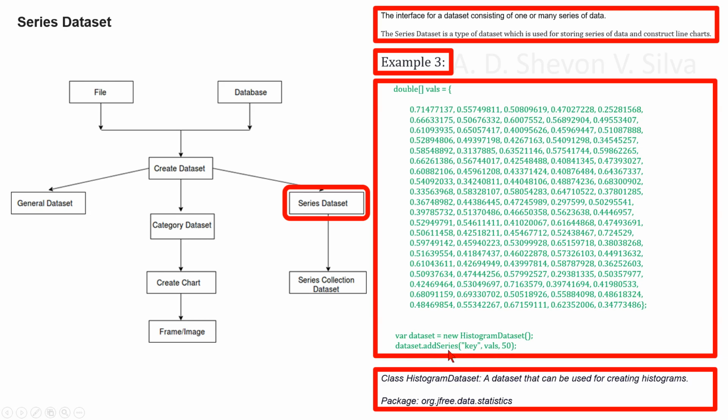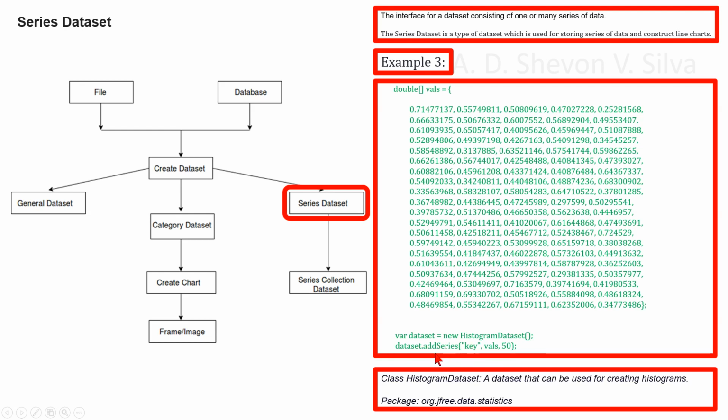This addSeries method adds a series to the dataset, using the specified number of bins, and sends a dataset change event to all registered listeners.